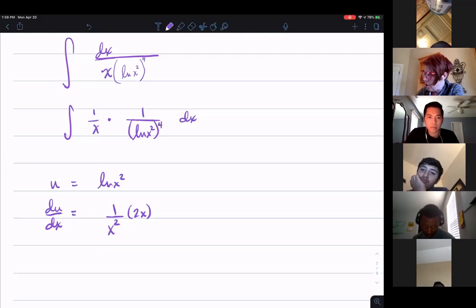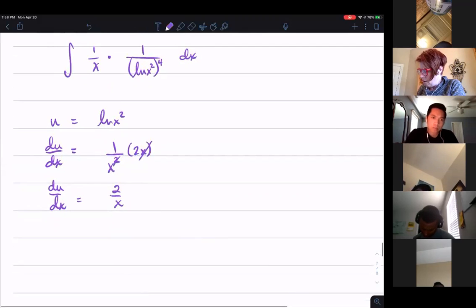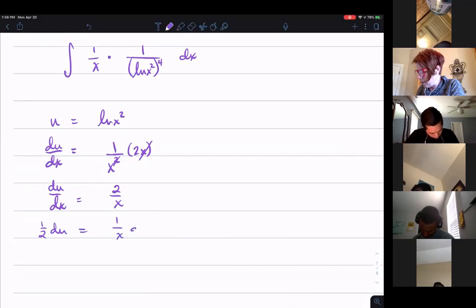Right. So I can cancel a pair of x's. And now this is going to be a 2 over an x. But I don't want the 2, so I'm going to send it to the other side. So that'll be a 1/2 du is equal to a 1 over x dx. Okay, we good? Mhm.